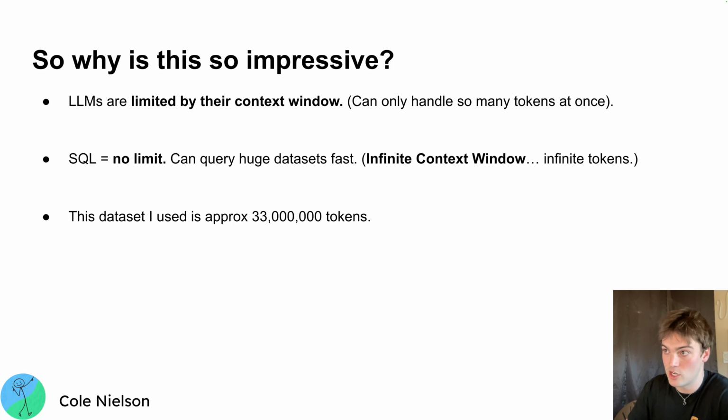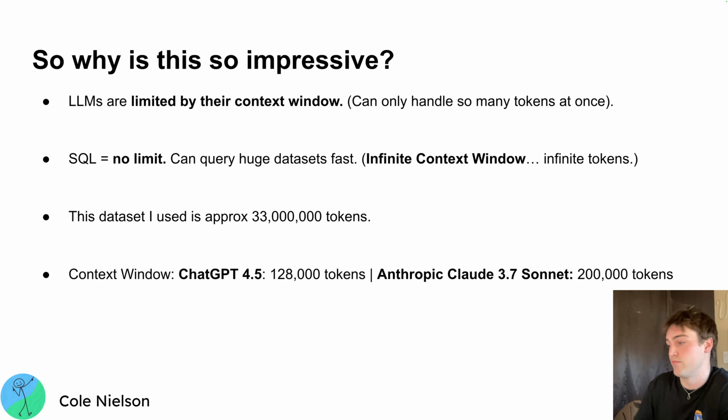Again, ChatGPT 4.5, its newest model, has a context window of 128,000 tokens. Claude 3.7 is 200,000 tokens. Google Gemini's Pro model, I think it's called Flash 2.0 or something, has a context window of like 1 million or 2 million. It's very impressive, but still not the same.